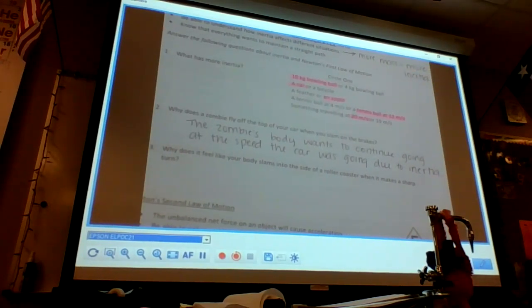The zombie's body wants to continue going at the speed the car was going due to inertia. Okay, it wants to continue the path that it's on.